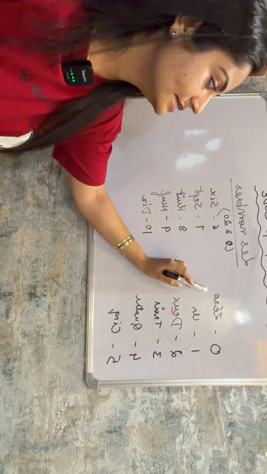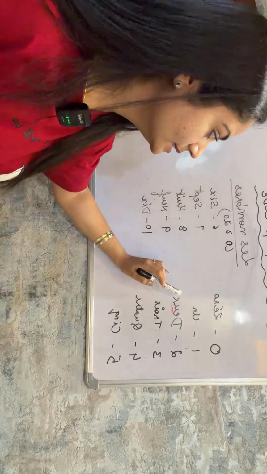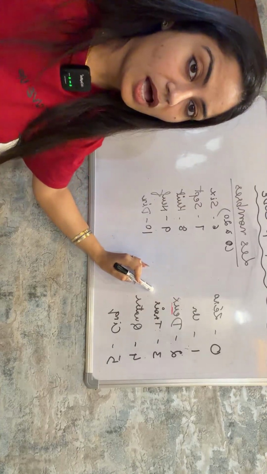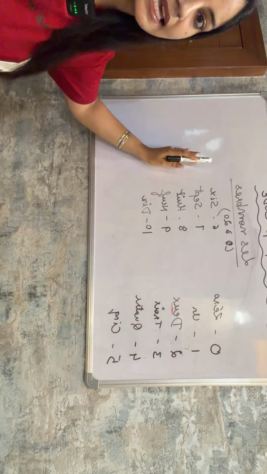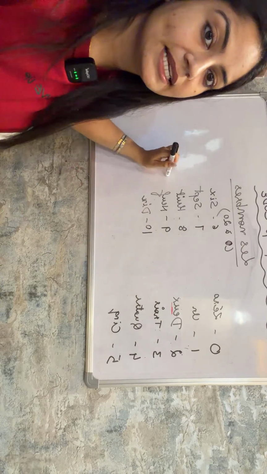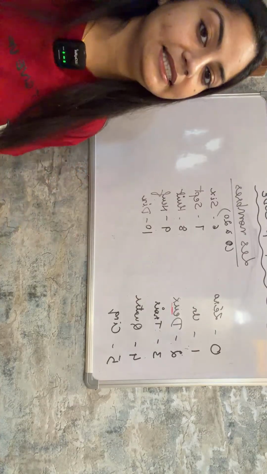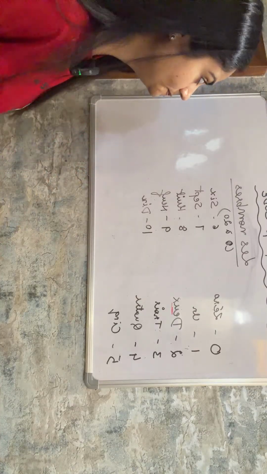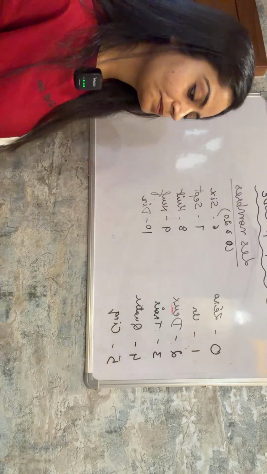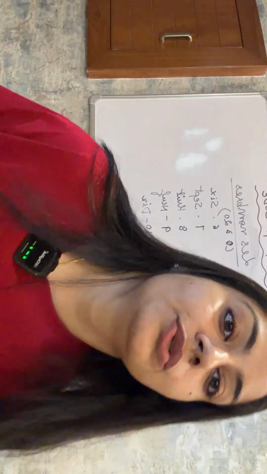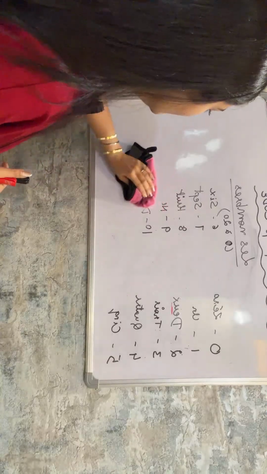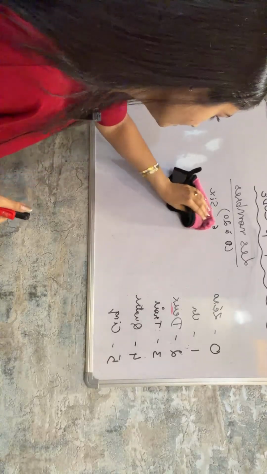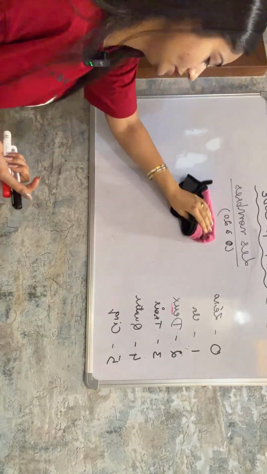Let's see. 0, 1, 2, 3, 4, 5, 6, 7, 8, 9 and 10. Now, after this, we are going to learn 11 to 20. Sorry, I have a bad throat today.